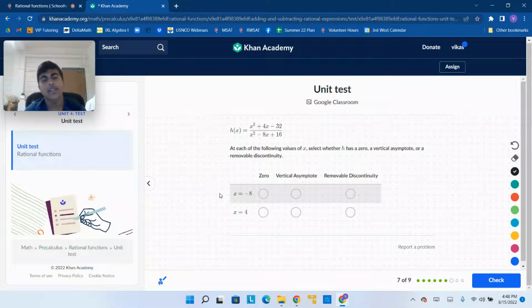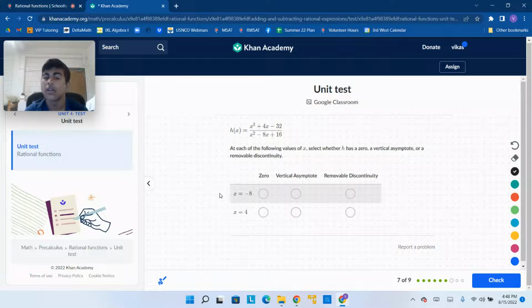Alright, now we have h of x equals x squared plus 4x minus 32 over x squared minus 8x plus 16. And at each of the following values of x, select whether h has a 0, a vertical asymptote, or a removable discontinuity. Okay, if we plug in -8, then the denominator doesn't really do anything. It's fine.